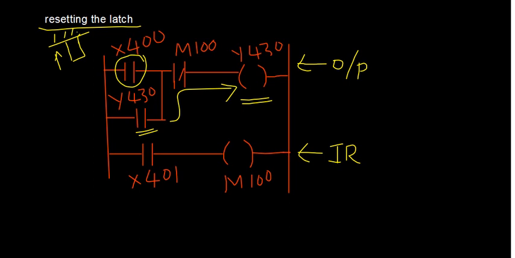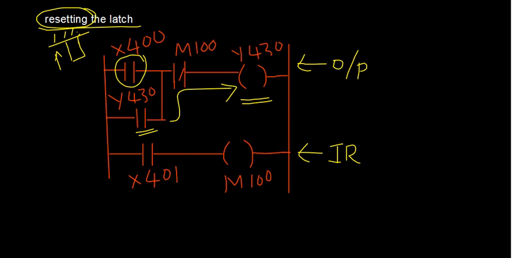Now we are here for the resetting of the latch. This is a simple example here, right? Though these examples appear to be very simple, when you want to have a consolidated example at the end by considering the different parameters, could it be your sequential function chart, could it be your internal relays, or your retentive relays, which we are going to study subsequently, could it be master control relay, timer, counter, or shift register, all these things together constitute the overall PLC system operation, right?